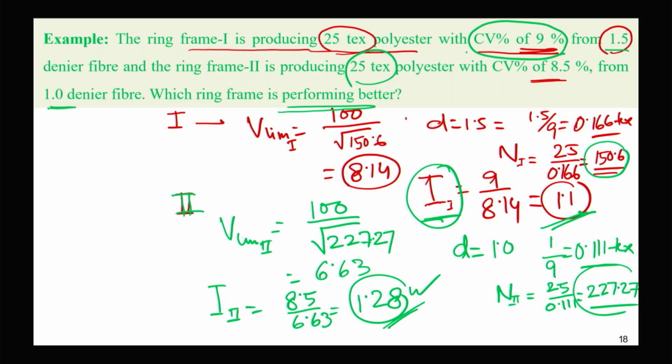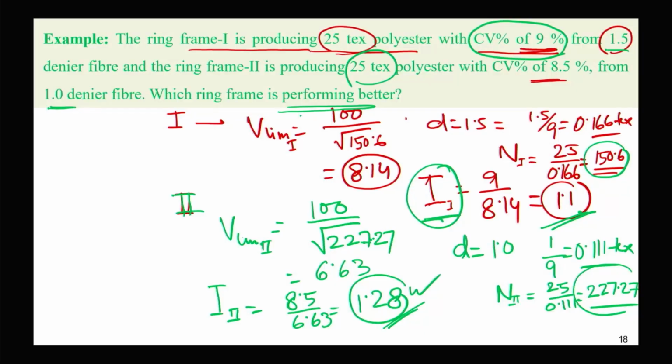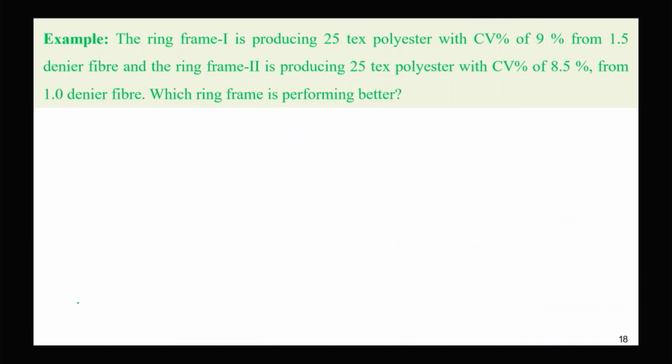Final CV% is product related performance, but machine performance is based on the index of irregularity. Now this is only possible by changing the fiber density. So if we use the finer fiber and we are getting a little bit better CV%, that doesn't mean that the ring frame is running better.